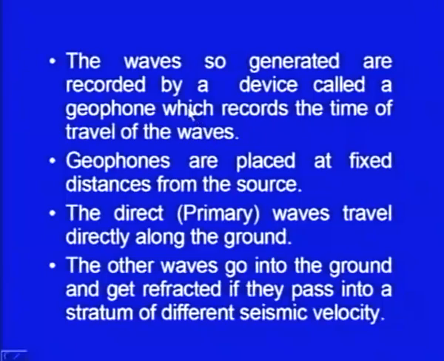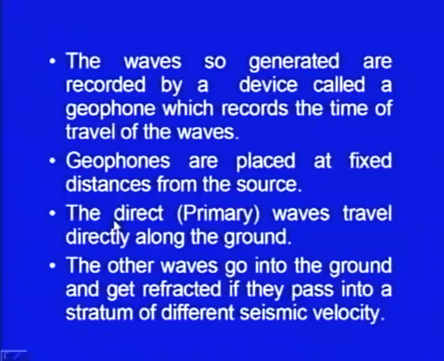Now, these waves which are generated at the source are recorded by a device. This device is called a geophone. So, several geophones are placed in the ground and they record the waves, and they record the time of travel of the wave. These geophones are placed at fixed distances from the source.